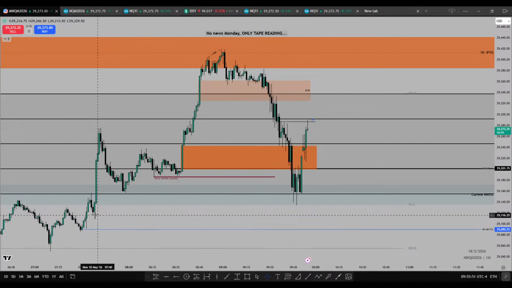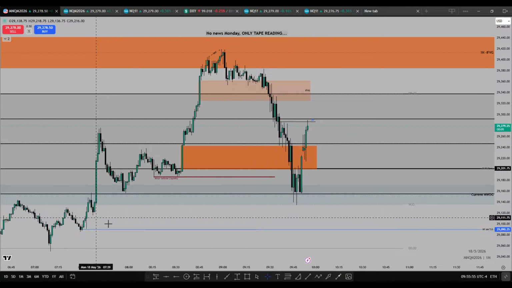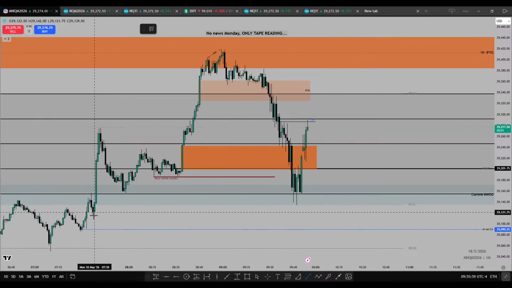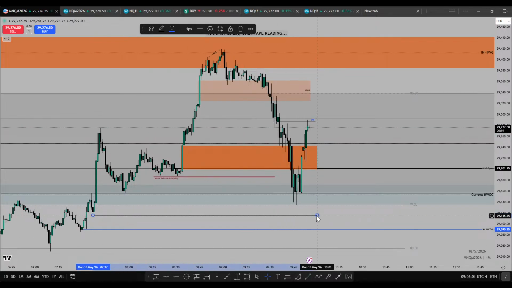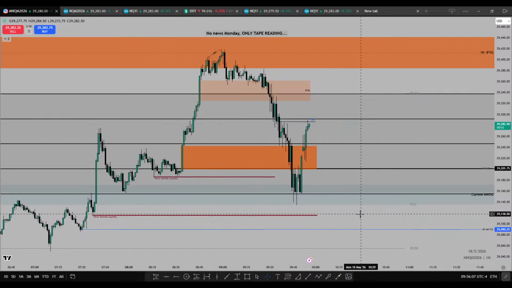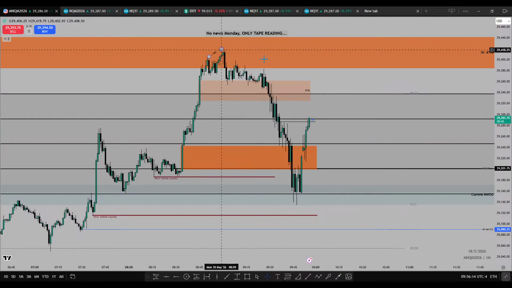Now look at this. This sell side and this sell side. This and this. Right? What's that? Relative equal lows. ES is stronger and ES is close to this high.